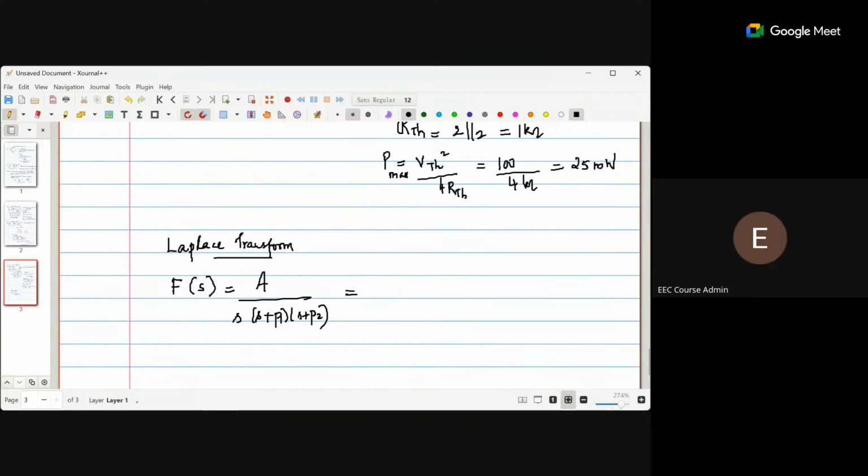Then we can decompose that by partial fractions as some constant c1 by s, plus another constant c2 by s plus p1, plus another constant c3 by s plus p2.